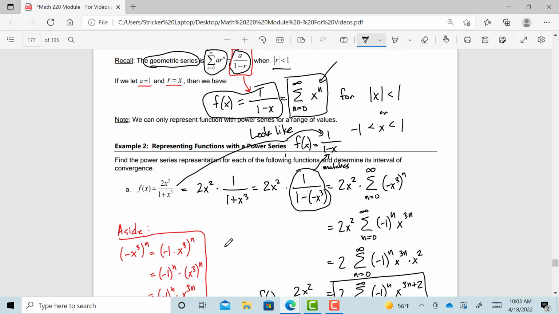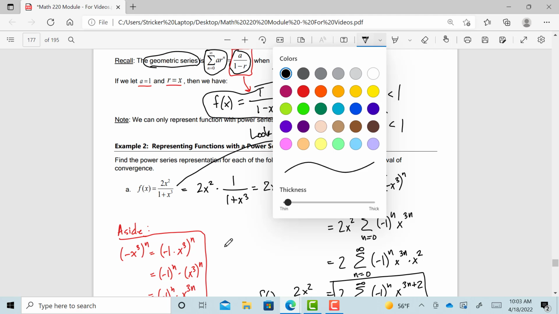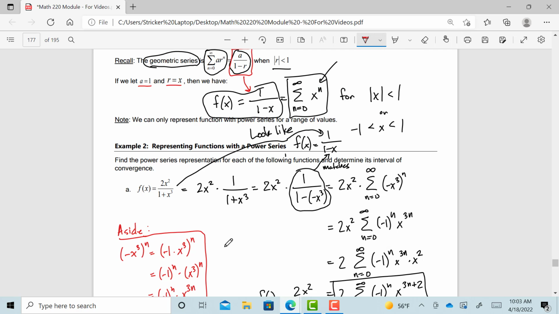Remember, our original power series is geometric, so it's only convergent for absolute value of x less than 1, or in this case, it's only convergent for absolute value of -x cubed less than 1, or absolute value of x cubed is less than 1, or just absolute value of x is less than 1.